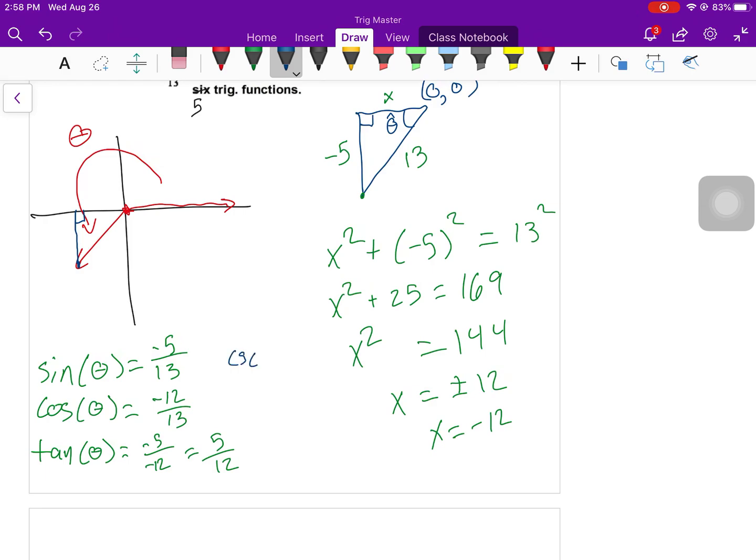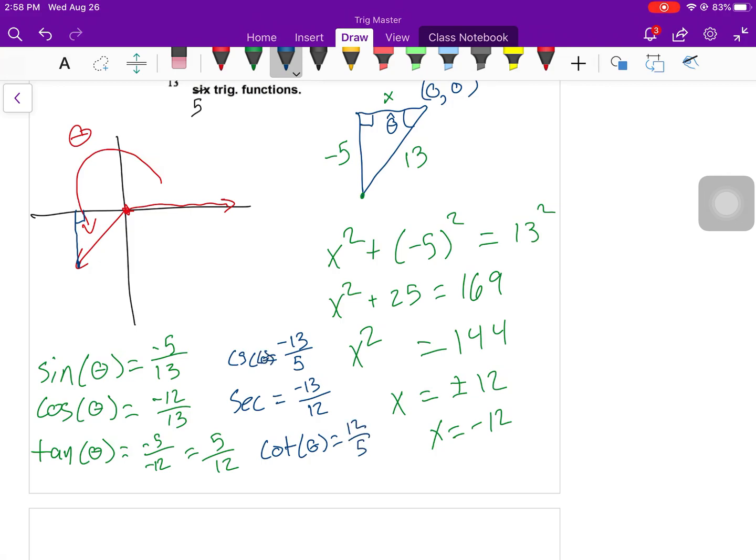Now to get cosecant, I'm going to flip over that fraction and get 13 over negative 5. I'm going to bring the negative to the top just because I like having the negative in the numerator instead. It's the exact same thing as 13 over negative 5. Secant, same thing. I'm going to put the negative in the top, but it's negative 13 over 12. And cotangent of theta is 12 over 5.